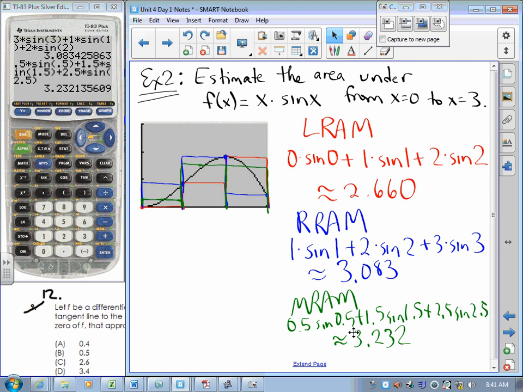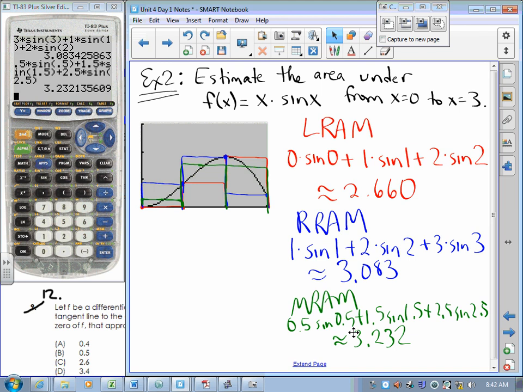Now, none of those is the actual area under the curve. Some of them are closer than others, but none of them is the actual area. We're looking at an approximation. So what if I wanted a better approximation? Well, if I wanted a better approximation, I would do more rectangles.